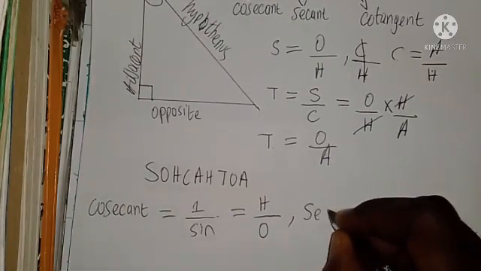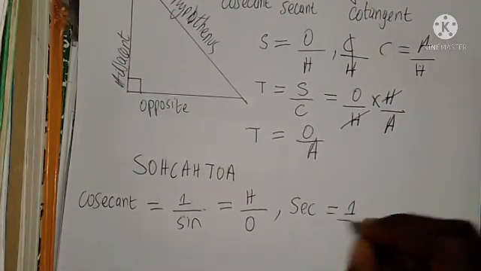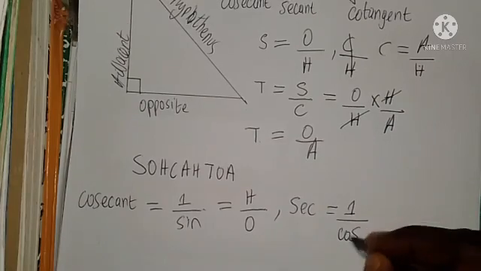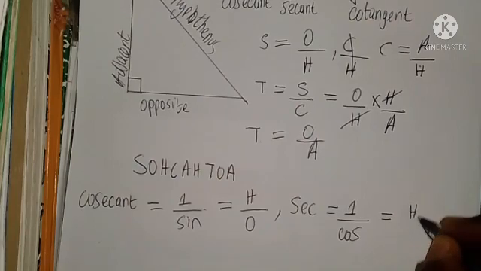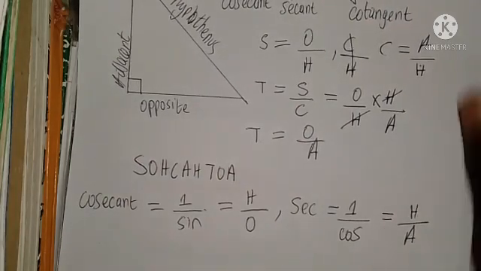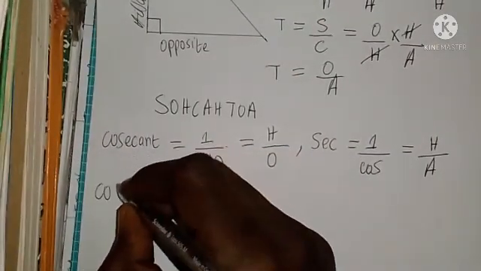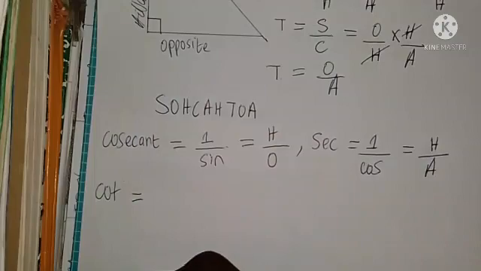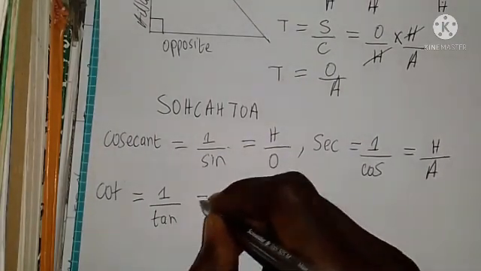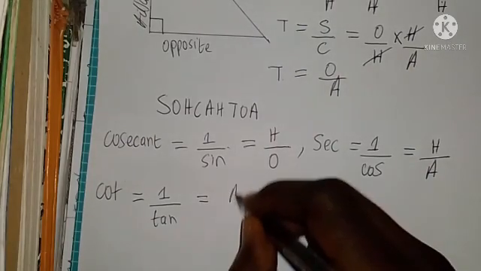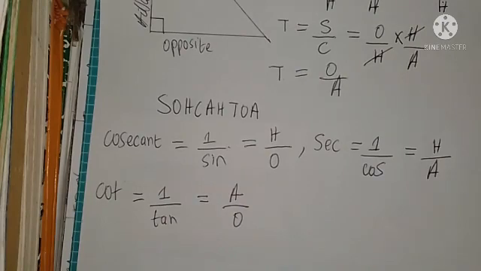For secant, we can say sec equals 1 divided by cos, which is equal to the hypotenuse divided by the adjacent side. And for cot, short for cotangent, it is equal to 1 divided by tan, which is equal to adjacent divided by opposite.